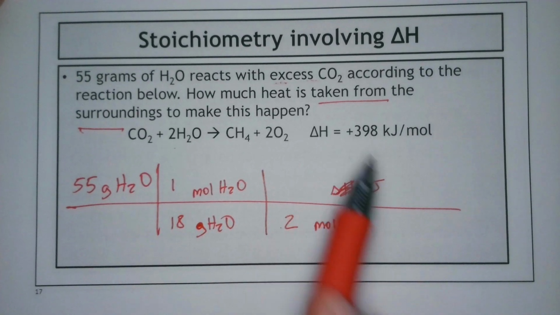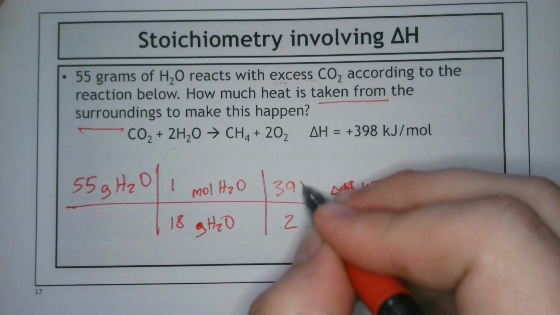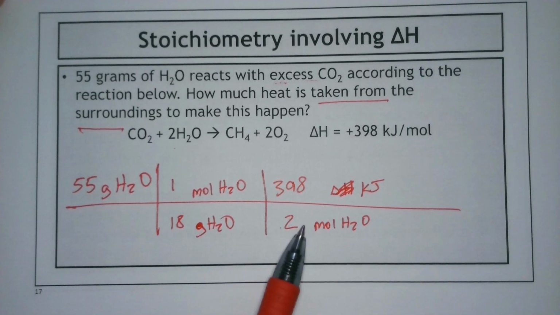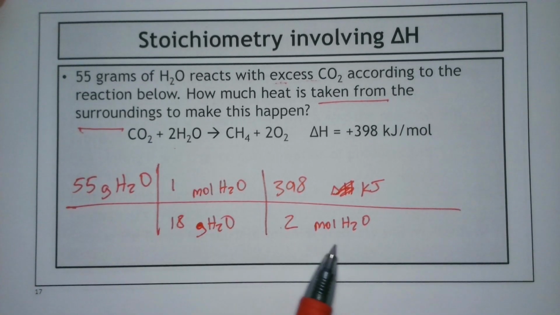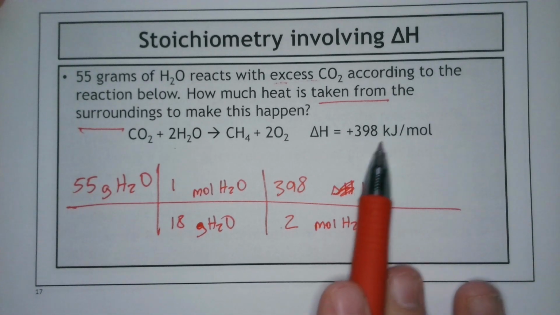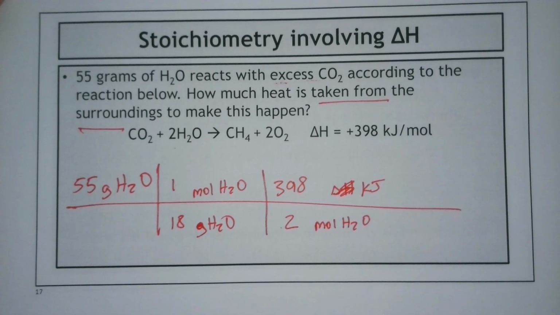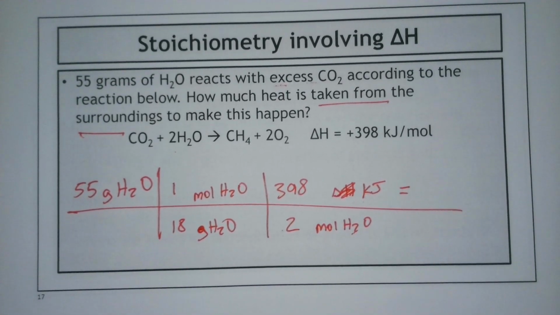H's number is positive 398, so I'm just going to put that up here. What this step means is you need 2 moles of H2O to absorb 398 kilojoules of energy. Okay, so now we just solve. This is kind of an extension of mole to mole ratios. You can convert moles of one thing into energy if you know the enthalpy value.